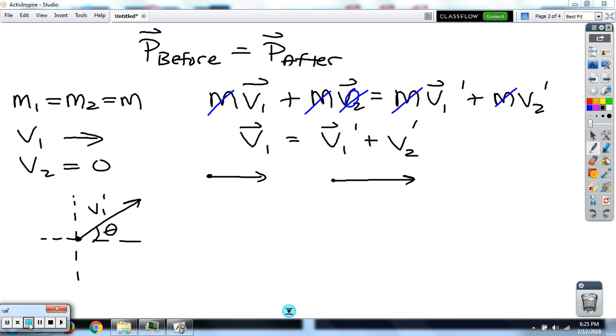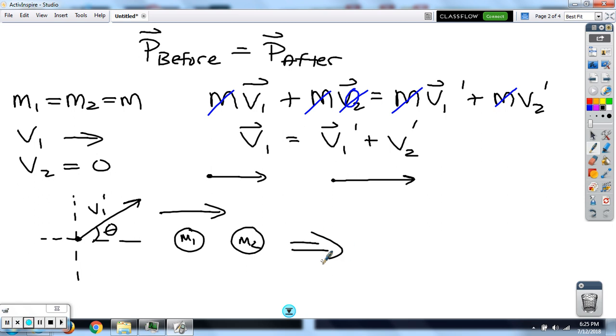And the angle between them should always be 90 degrees. So this is M1, this is M2. This guy's moving this way. If they collide, this was the horizontal.